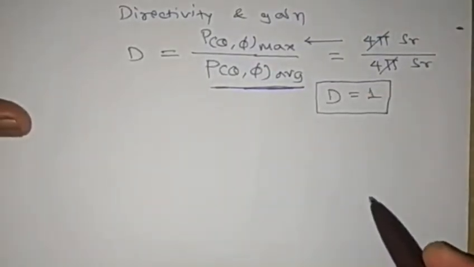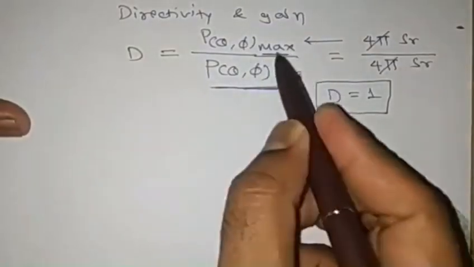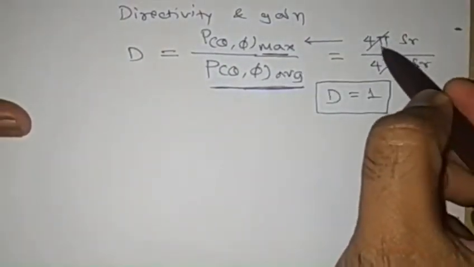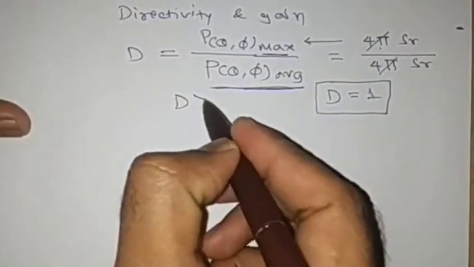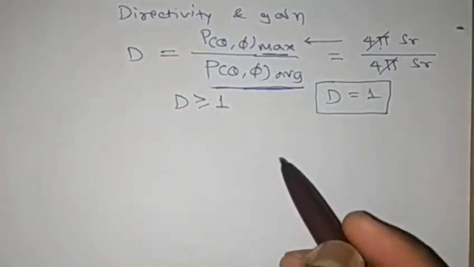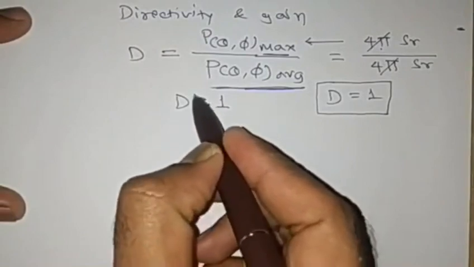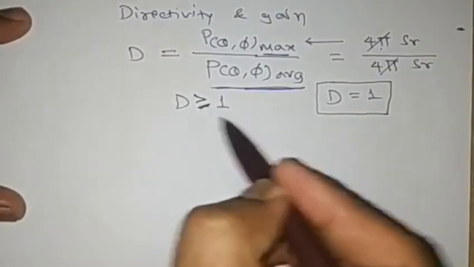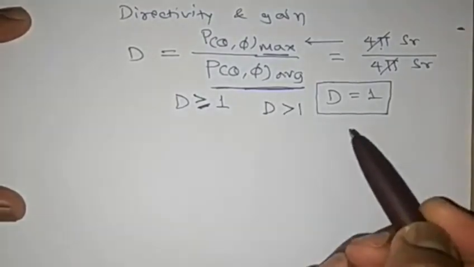Now, as we know, all practical antennas radiate their maximum power over an area less than 4 pi. Therefore, the directivity value is always greater than 1 in the case of practical antennas. Since the isotropic case is equal to 1, I am writing here greater than or equal to, but in all practical cases, directivity is always greater than 1.